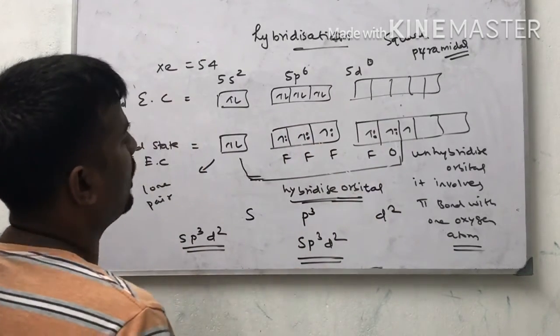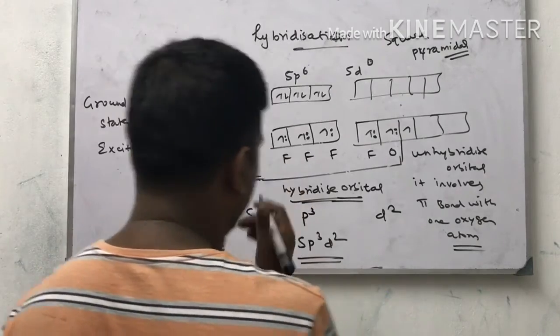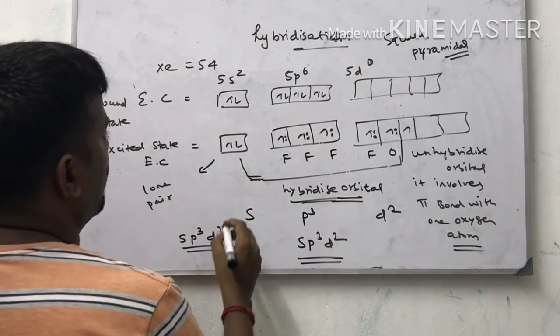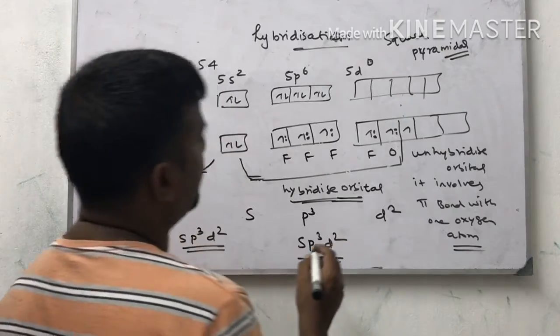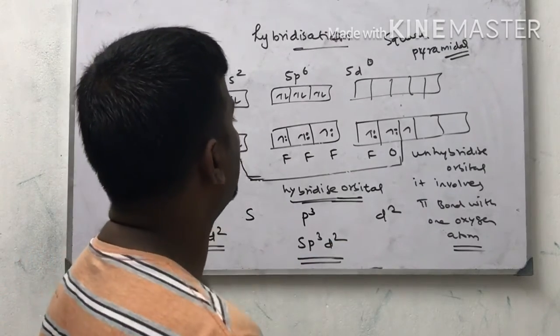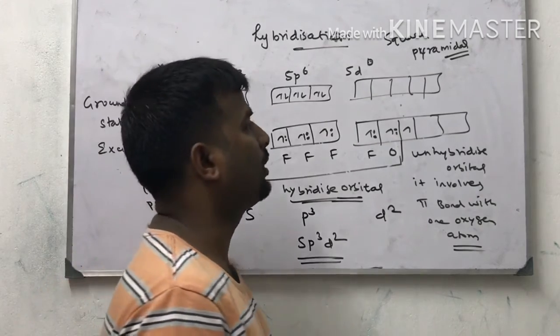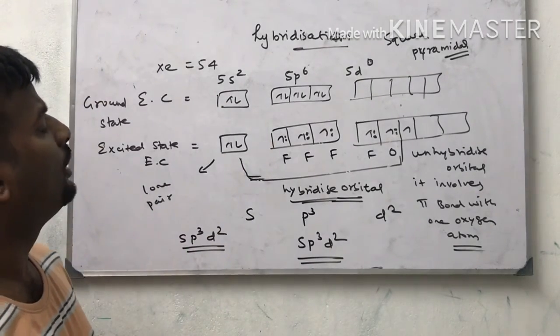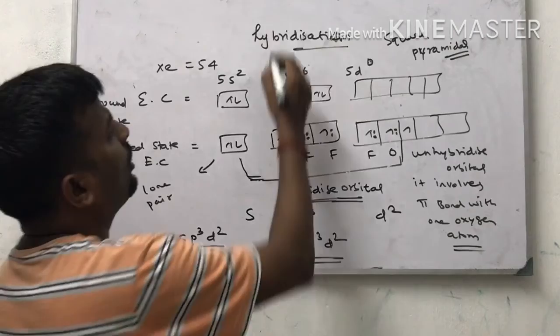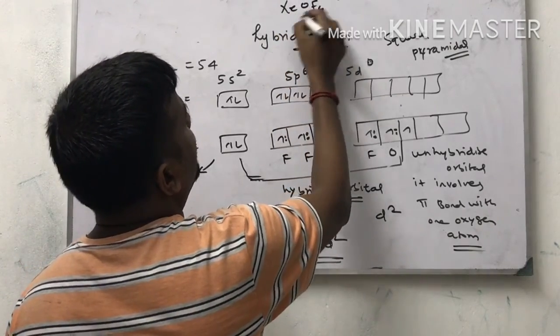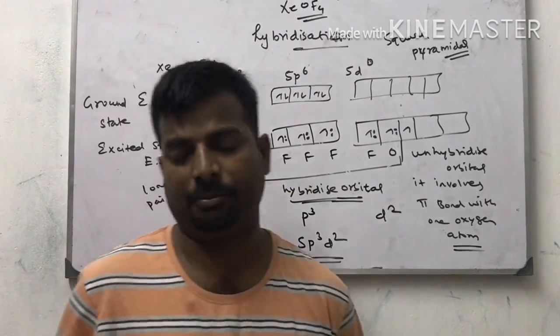This is the thing I have explained. It contains 5 sigma bonds and 1 pi bond. These are the information related to the hybridization of xenon oxyfluoride. Thank you students, have a nice day.